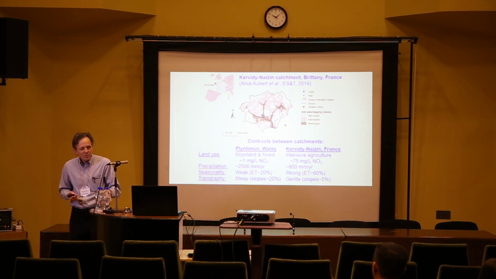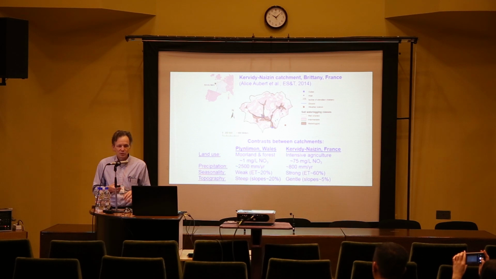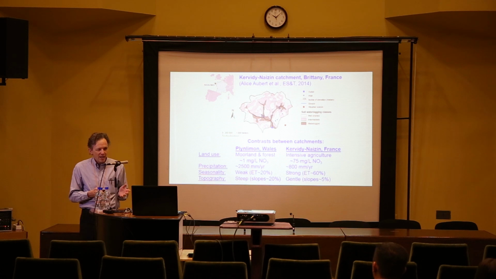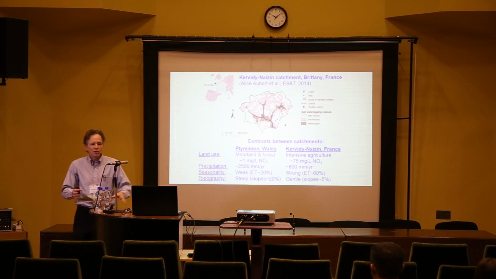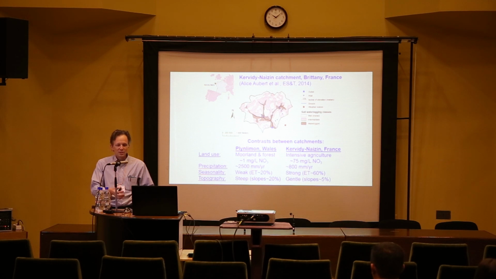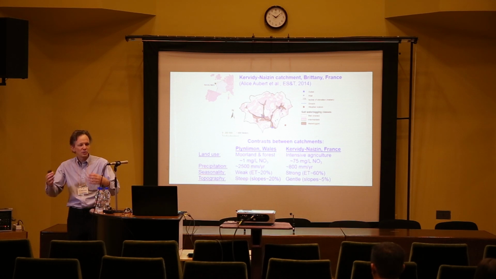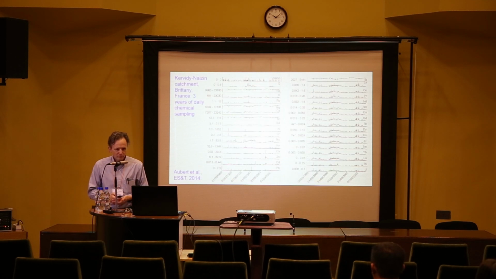So then we made contact with some colleagues in France at the University of Rennes, and they have a research catchment in Brittany, in the far western part of France, that is totally different from Plinlimmon in almost every way you can imagine. The land use is totally different. The climate is totally different. The topography, the soils, they are all totally different.